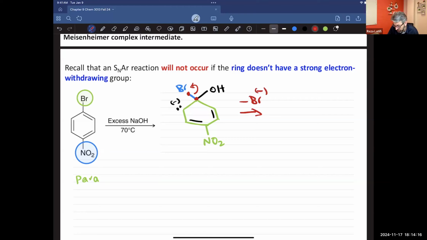And if that happens, we get this molecule, plus Br minus. So in order to have nucleophilic substitution, we need to have an electron withdrawing group in a para or ortho position relative to the leaving group.